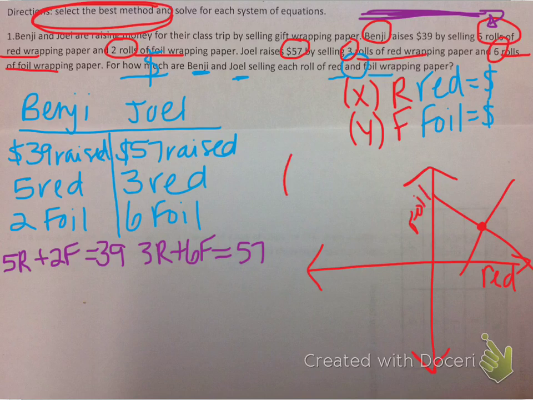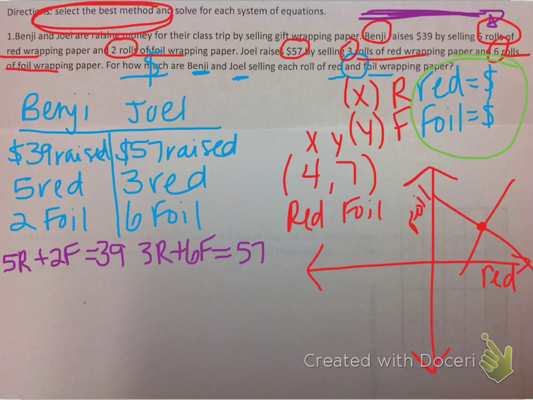So when you get your ordered pair, just making it up, this is not the answer, let's say 4, 7, you know that this is x and this is y. This stands for red and this stands for foil. So when we come to over here to answer our question, you're going to say red is equal to $4 each and foil is equal to $7 each.